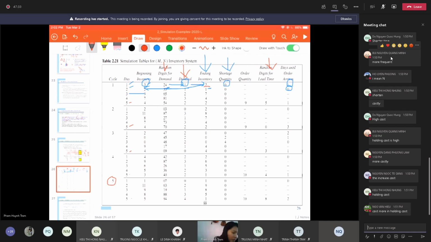So the stock will increase from 1 plus 8 to 9. On day 3, we generate a random demand, we got 2. So ending inventory of day 3 is 9 minus 2, which is 7. No shortage, and so on. We try to finish one cycle. All right, day 4, beginning inventory of day 4 would be the ending inventory of day 3, which is 7.